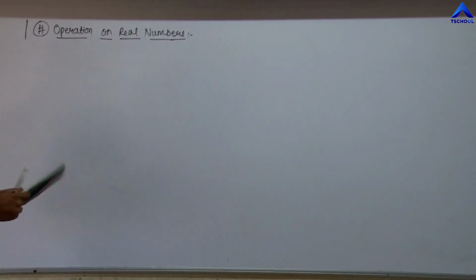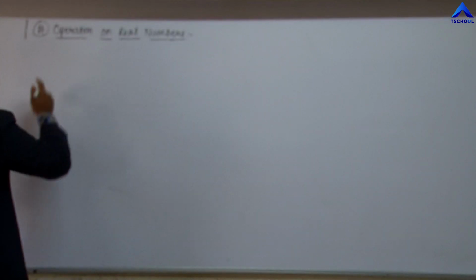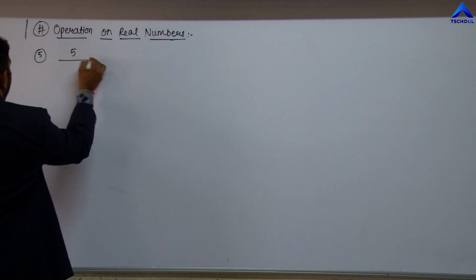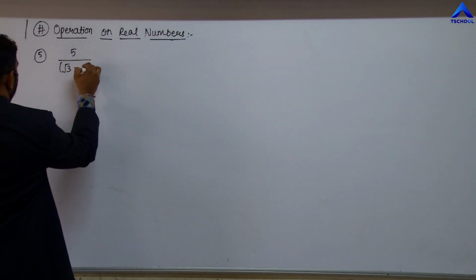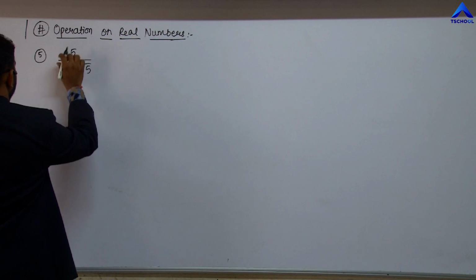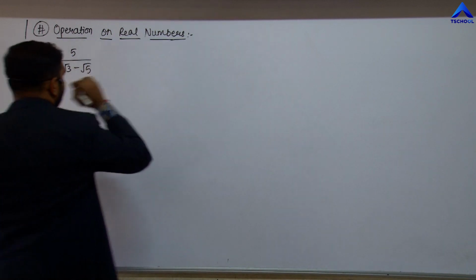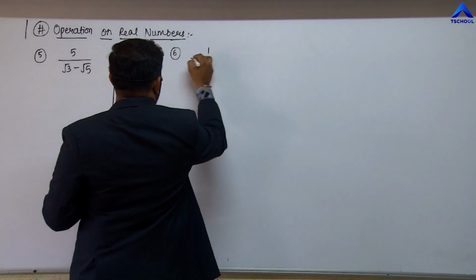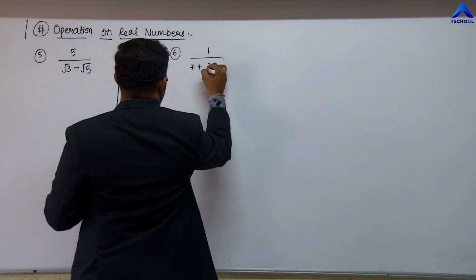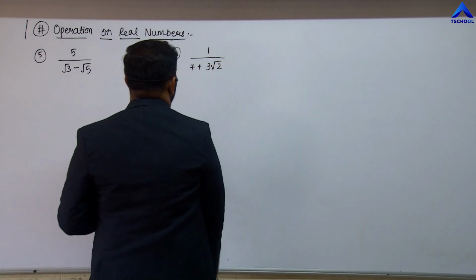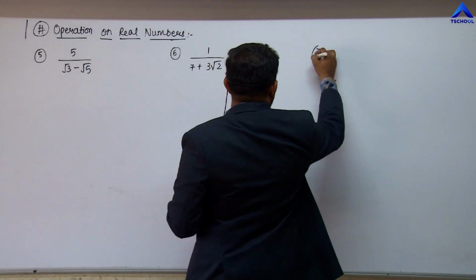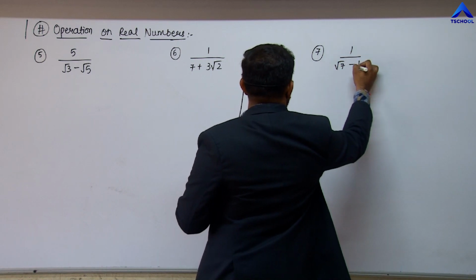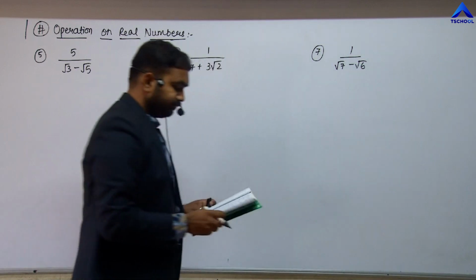Then the next questions I'm having here: the fifth one, that is 5 upon root 3 minus root 5. Sorry, I made a bracket here. The sixth one is 1 upon 7 plus 3 root 2, and the seventh one is 1 upon root 7 minus root 6.